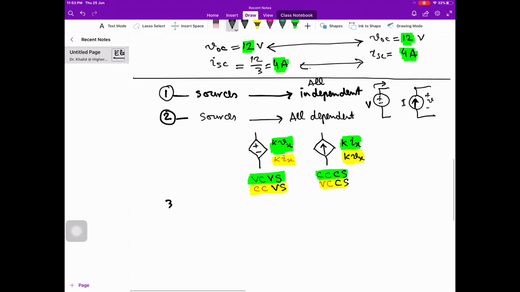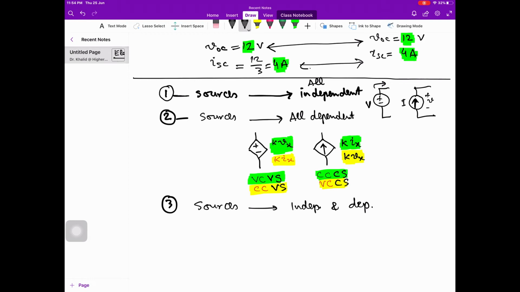Case number 3 is that we have both independent and dependent sources. Some sources are independent sources and some sources are dependent sources.